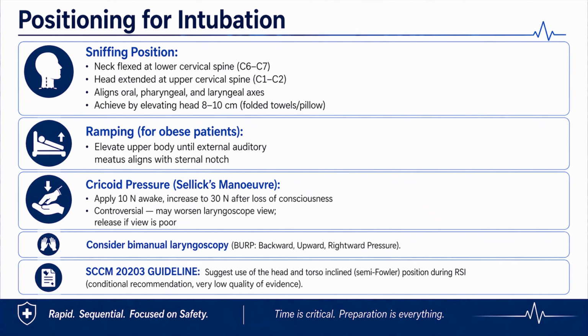So it is not really recommended, it is just a suggestion. You may go for it if you're comfortable, but if you're more comfortable in supine position, you go for that. Remember, keep the suction ready. So if anything comes out, you have to immediately suction and get the airway clean.